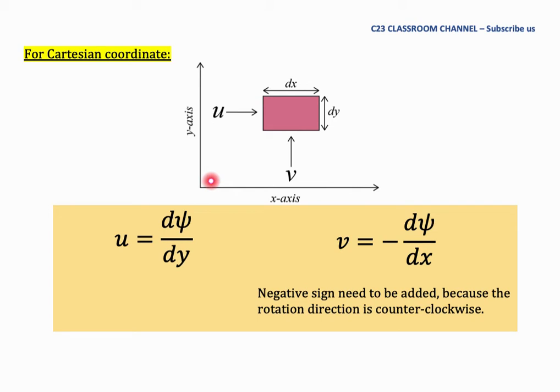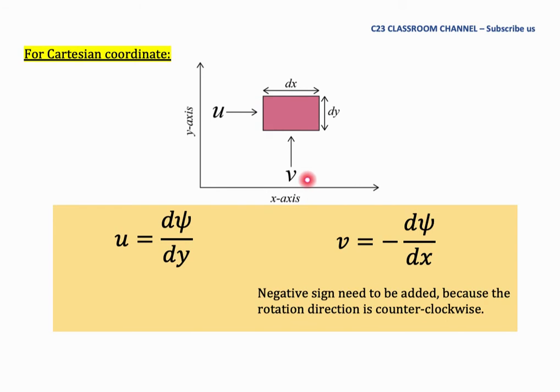If you're still confused by the idea of 1 unit, you could imagine that along the x-axis, the thickness of this element is equal to 1. That's why the cross-sectional area here will be dy times 1, so it becomes dy only. So we could write the value of u here as equal to d psi over dy.